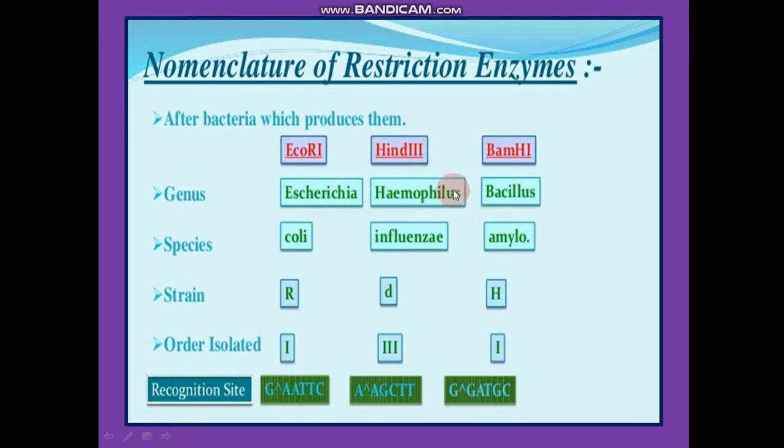HindIII. Haemophilus is the genus. IN is from influenzae. D is for the strain, small d. And 3 is the third enzyme which was isolated from this particular bacteria. Similarly for BamHI, it was extracted from the Bacillus genus. The species was amylo, H was the strain and I was the order of isolation of this particular enzyme.